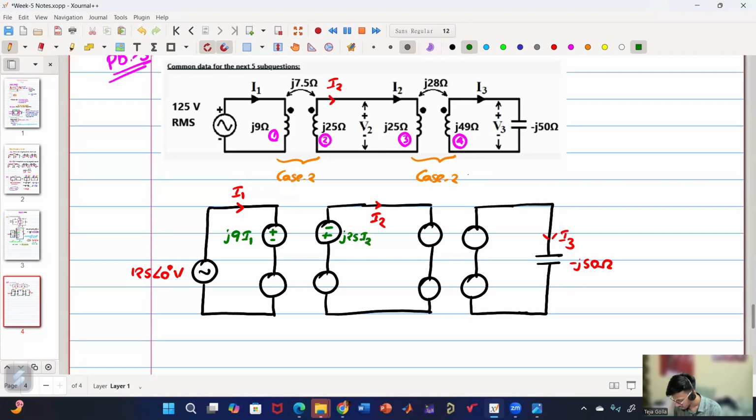Now for coil 3, positive on the top or positive on the bottom? Positive on top. Very good. What about others? Are you following?